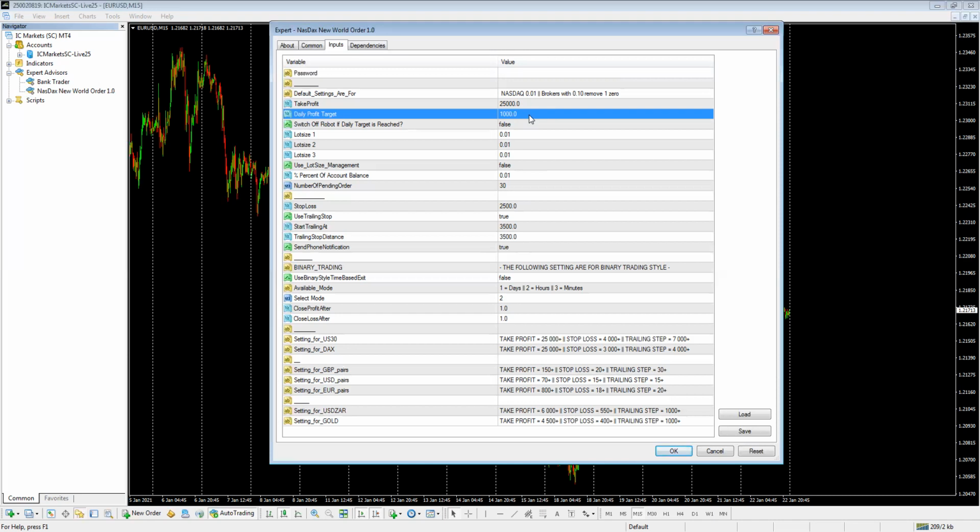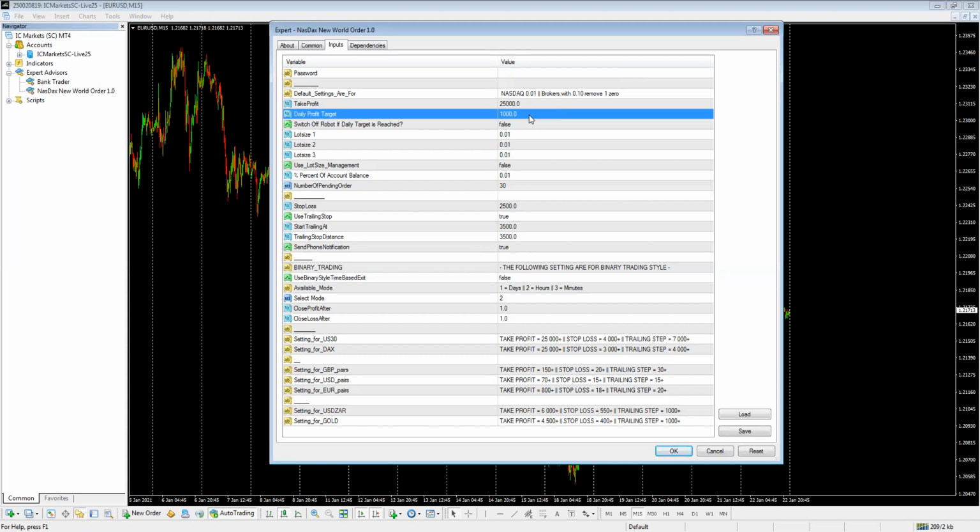If you say, I'm willing to lose $50 a day, then you say $50 times 5, that's 250. Then the daily target is 250 minimum. Whatever you say you're willing to lose, multiply it by 5, then set your daily target on that amount.